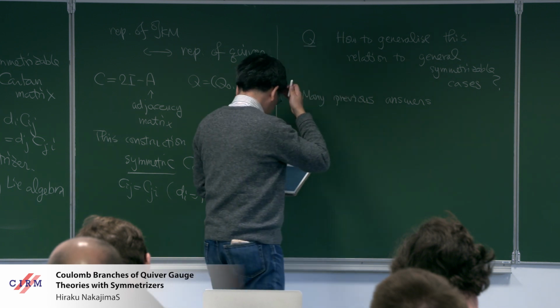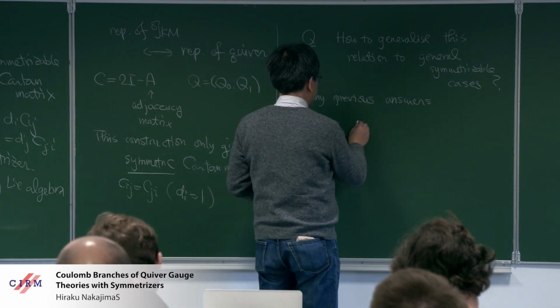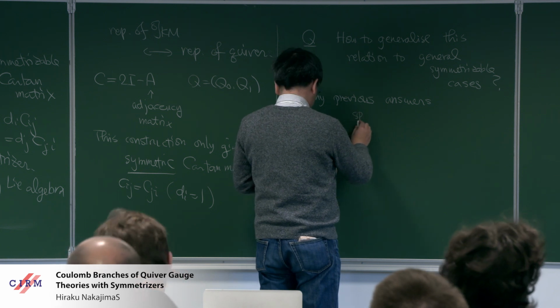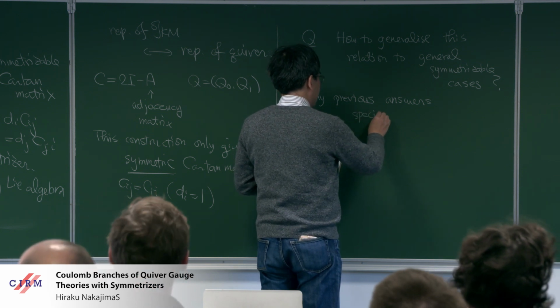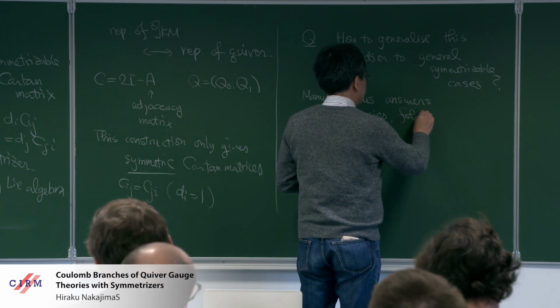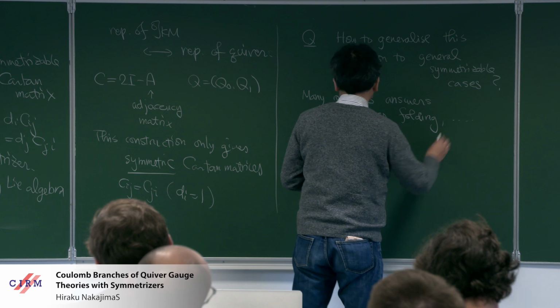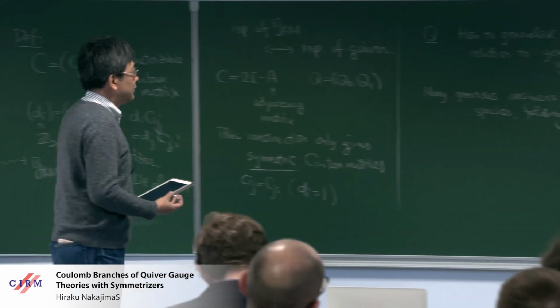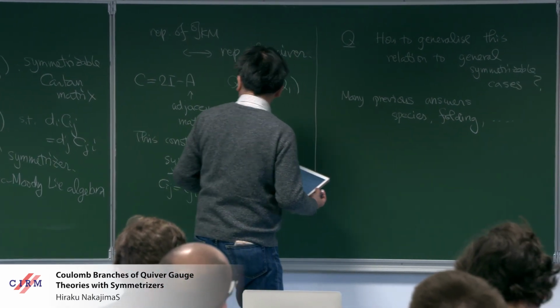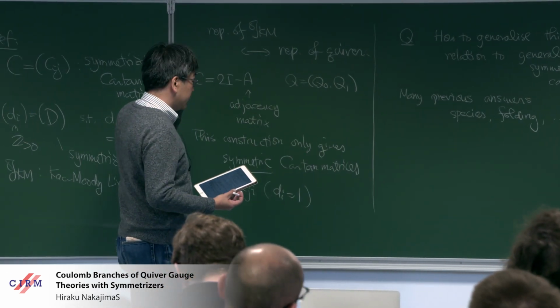I will name only a few. There is a construction using so-called species, and also Hall algebras of quivers, and so on. These constructions are compared with what is known for the symmetric case.